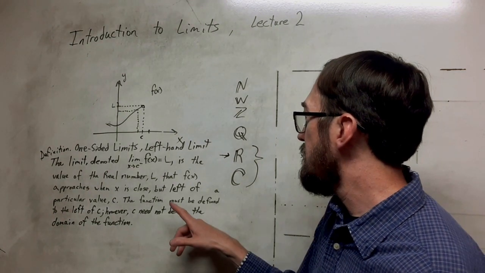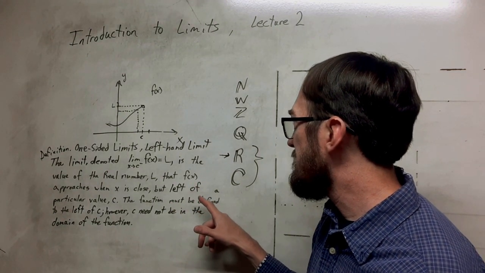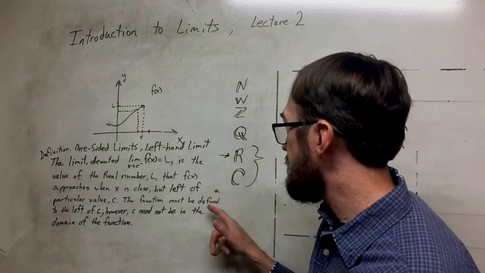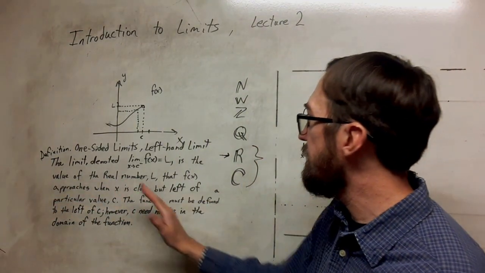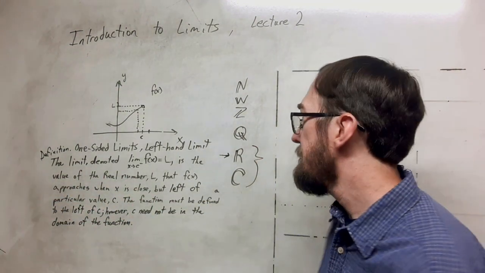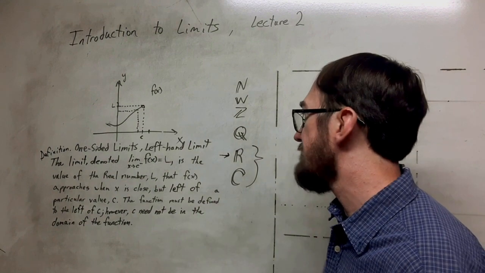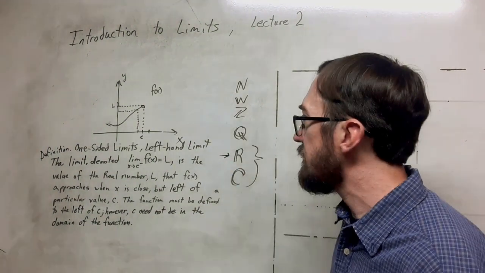In this particular case, we need the function to be defined to the left of the c value that we're looking at. C, again, doesn't have to be a part of the domain of the function.